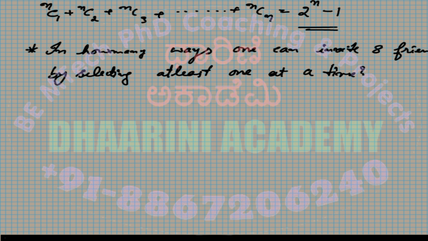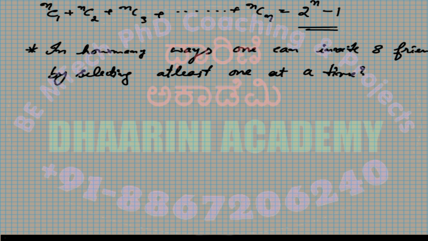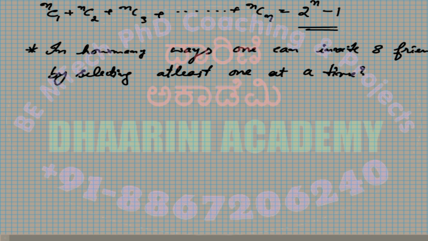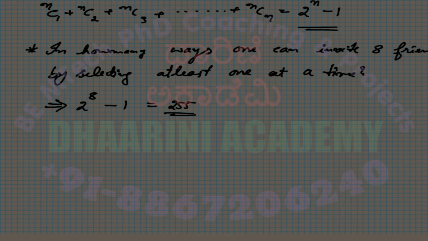So one has to call his 8 friends for maybe some occasion. Now, at least one needs to be chosen at a time, which means you can choose only one or two, three, four, up to all the 8. So this means it is 8C1 plus 8C2 plus 8C3, etc. We know that n is equal to 8, so we are expecting 2 to the 8 minus 1. 2 to the 8 is 256, minus 1 is 255. So overall, you can do this in 255 ways.